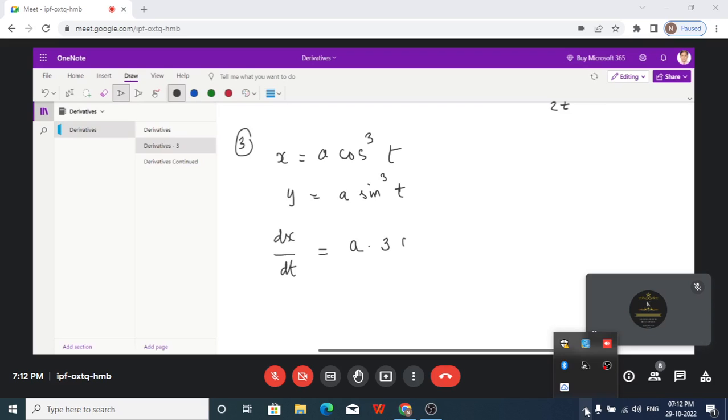So that is your first term, right? Cos cube t with respect to cos t is 3 cos square t. So what is the derivative of cos t with respect to t? Minus sin t. Minus sin t, correct. So this is it. A into 3 cos square t into minus sin t. This is your dx by dt.